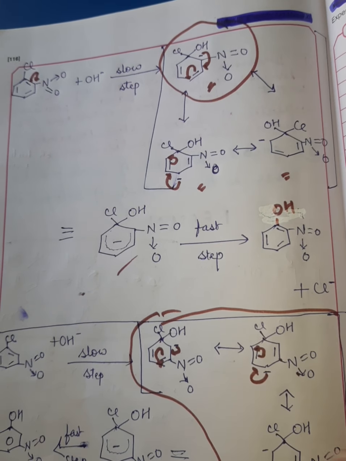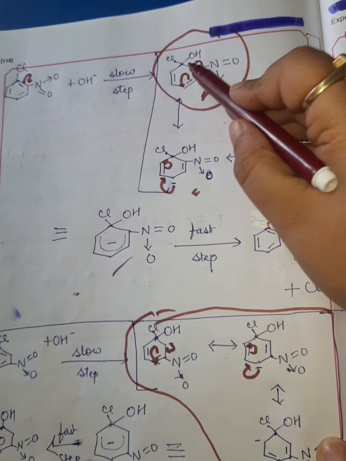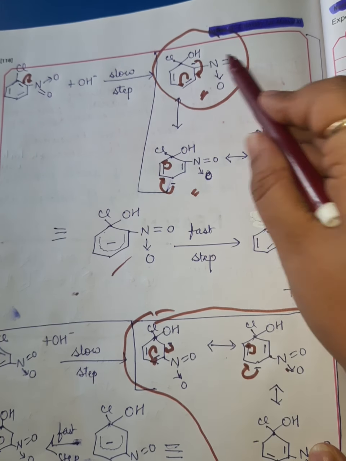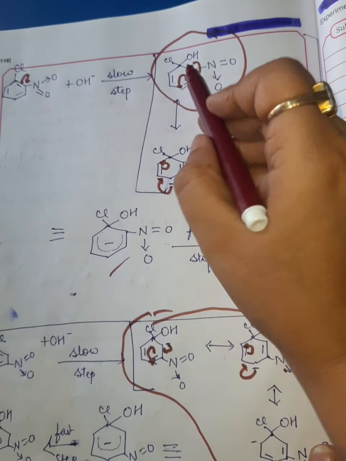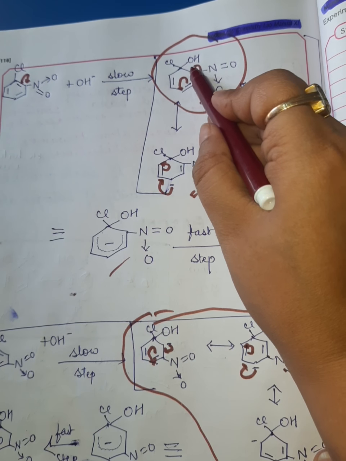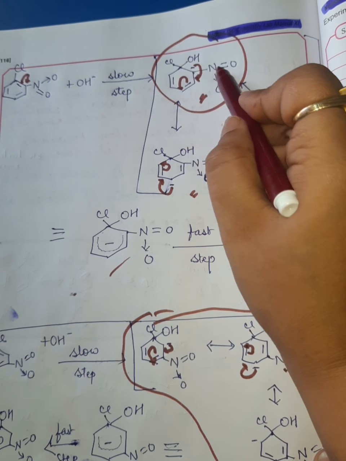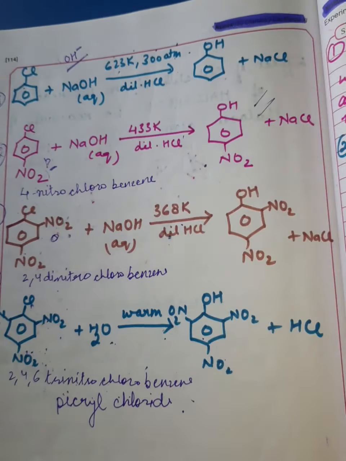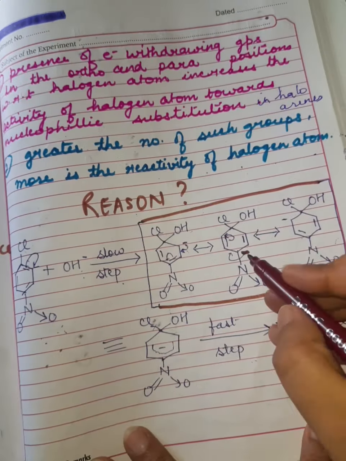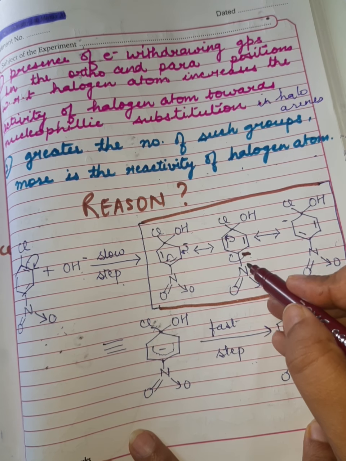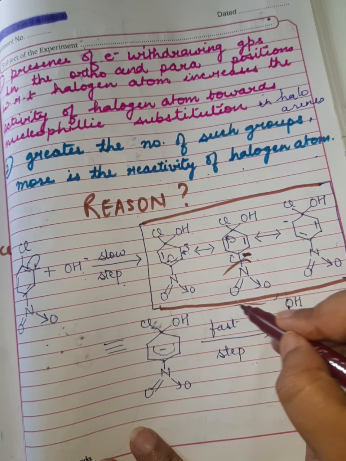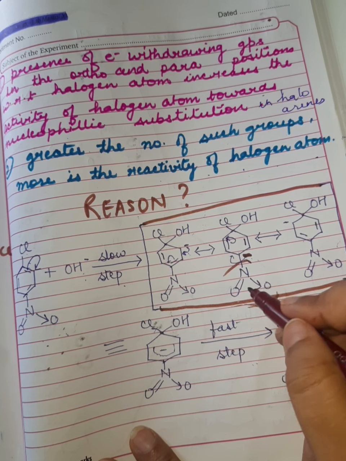Now you must be thinking why I am saying that the negative charge has come onto the carbon containing the nitro group. See dear students, when this negative charge comes onto this carbon which is attached with the nitro group in case of ortho as well as in case of para, then this negative charge further undergoes resonance stabilization with the nitro group.